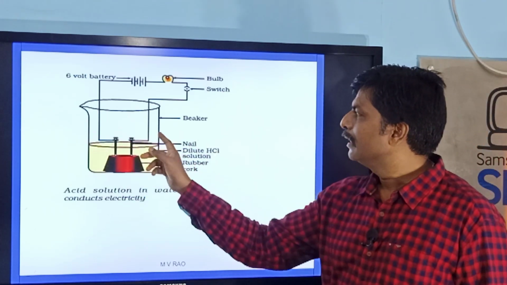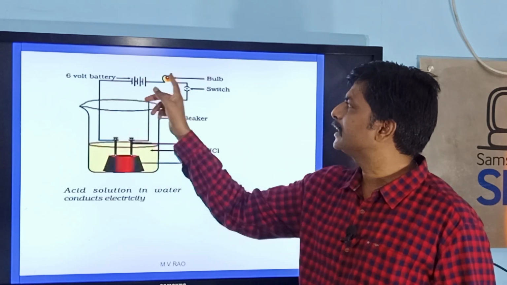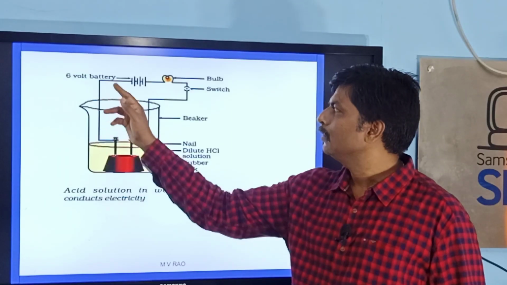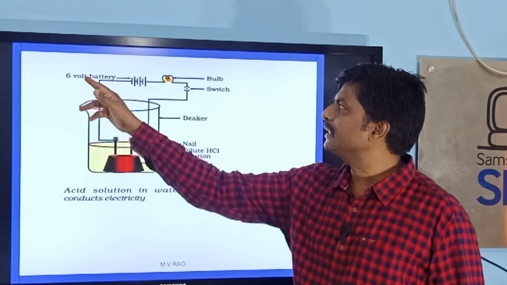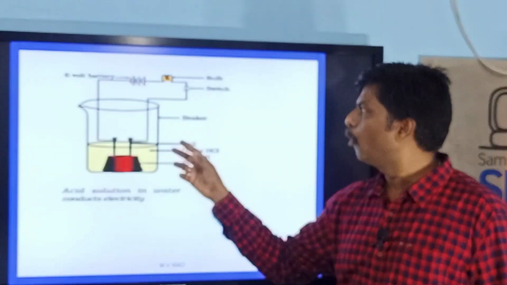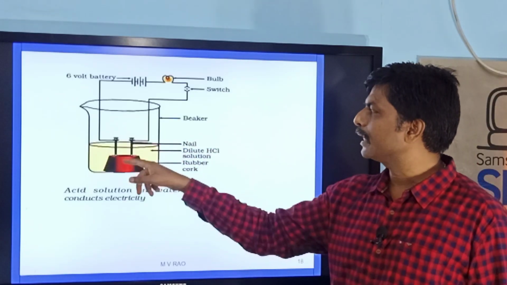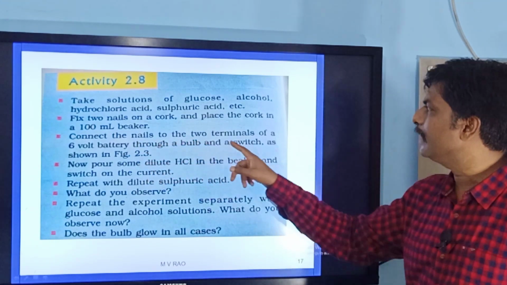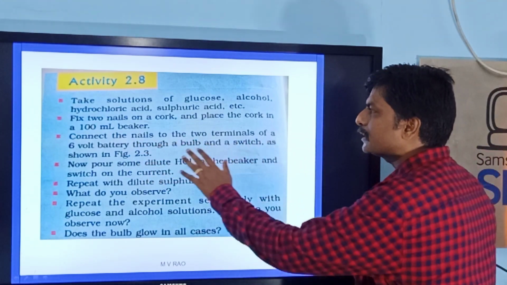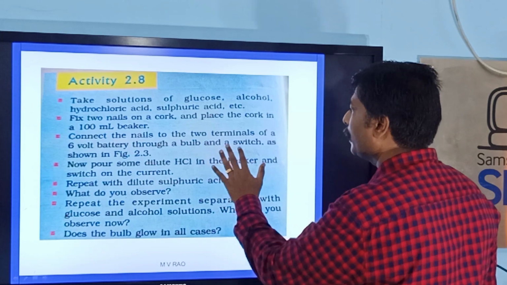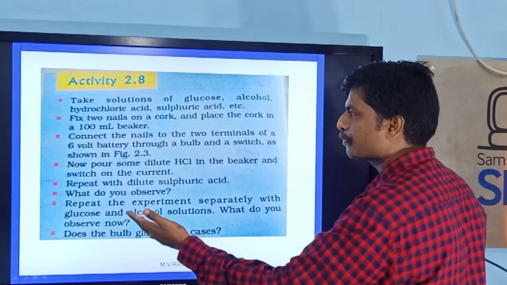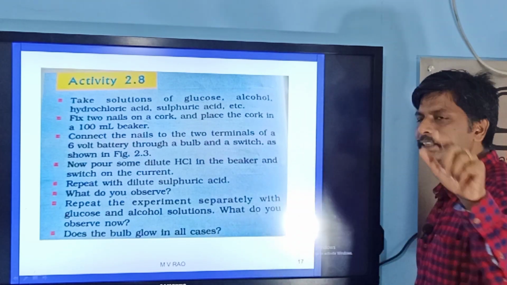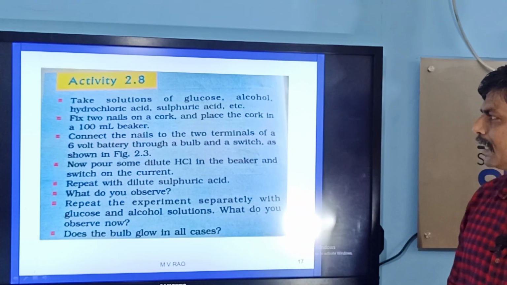Connect these 2 nails through wires to the terminals of a 6-volt battery through a bulb and switch, as shown in the figure. Now pour some dilute HCl in the beaker and switch on the current.